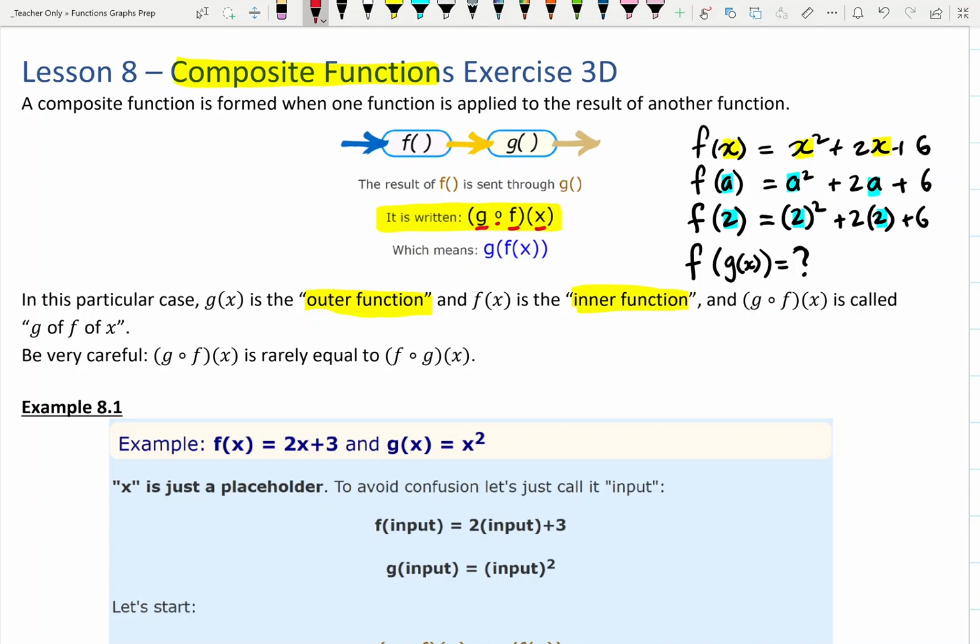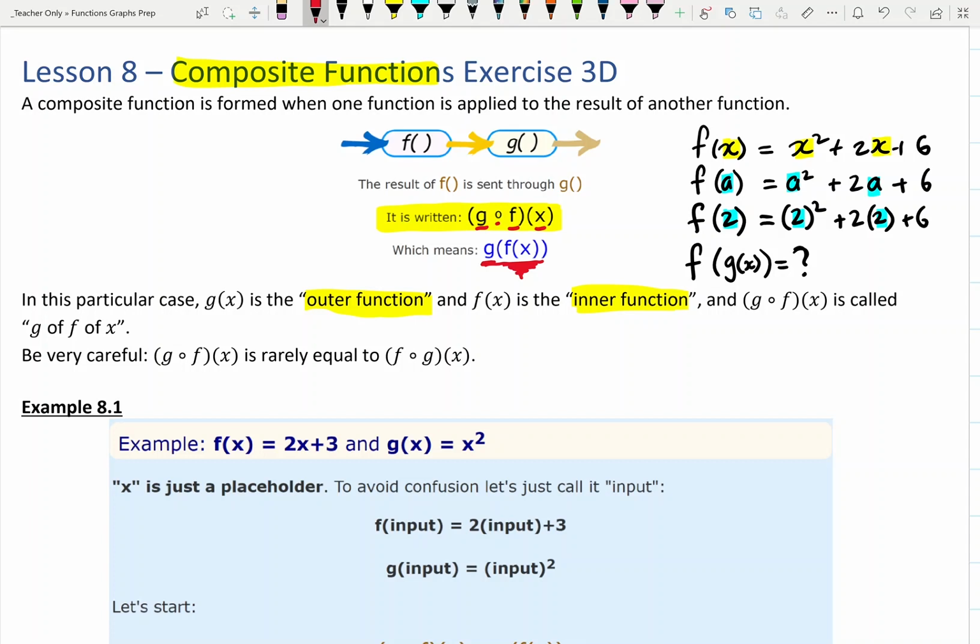What we need to recognize is that when it's written like this, what we actually mean is g of f of x. So we've got this outside function, which is g, and everywhere there was an x, we now substitute this f of x function. And this is called a composite function.